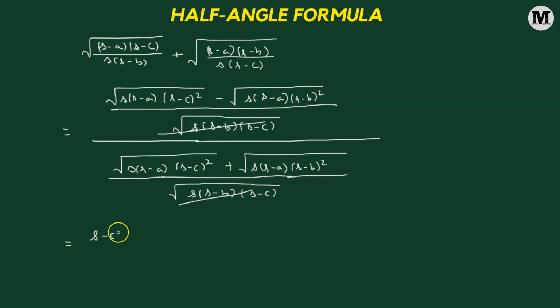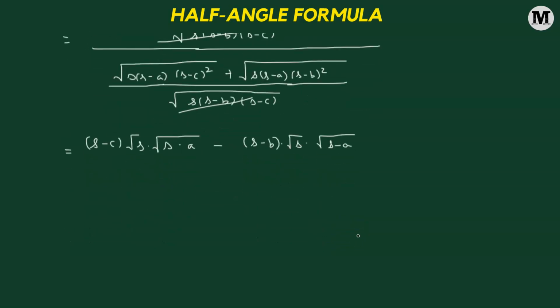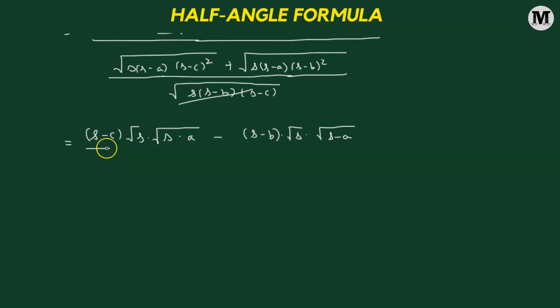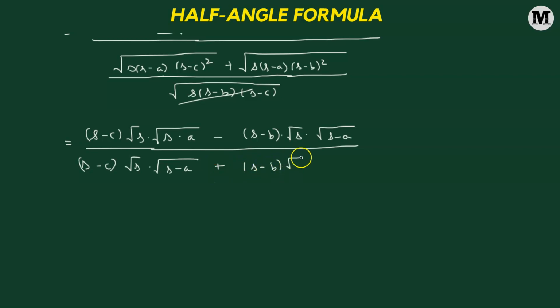We'll have (s minus c) multiplied to the square root of s times the square root of s minus a, minus (s minus b) multiplied to the square root of s times the square root of s minus a. This is divided by (s minus c) times the square root of s times the square root of s minus a, plus (s minus b) times the square root of s times the square root of s minus a.